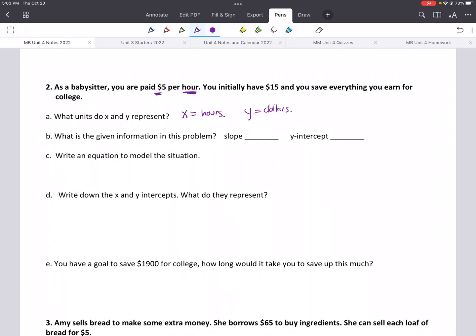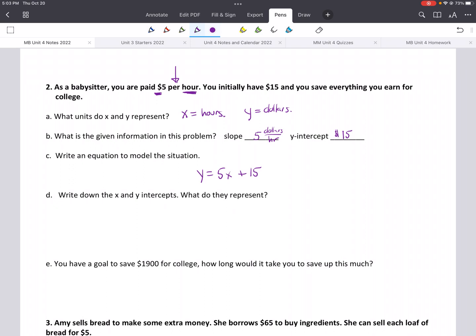Alright, so given the information, what is the slope? Okay, here's our key word, per, so $5 per hour. And then the y-intercept is the initial thing, so that's $15. Write our equation, so that's y equals mx plus b. And then we want to write down our y and x intercepts.